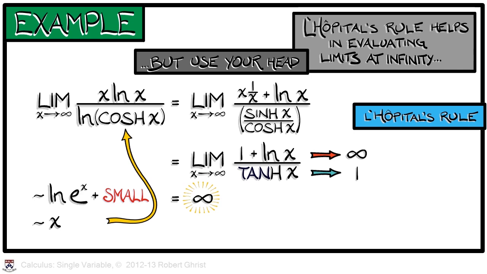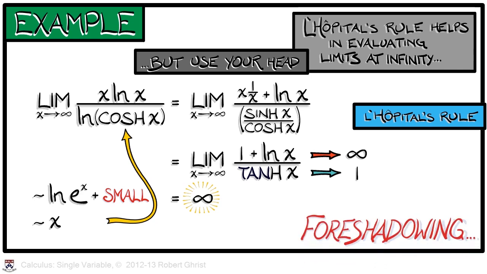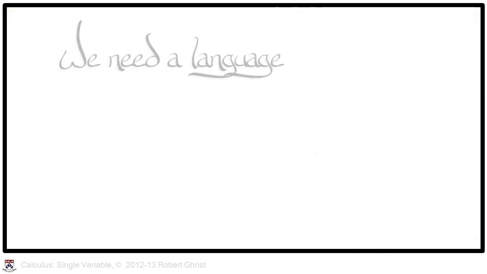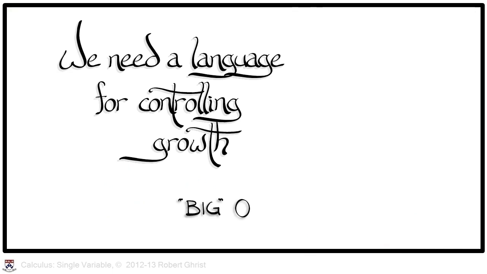Not exactly, but it should grow linearly. And so I would argue that x times log of x divided by something that grows like x should give us an infinite limit.